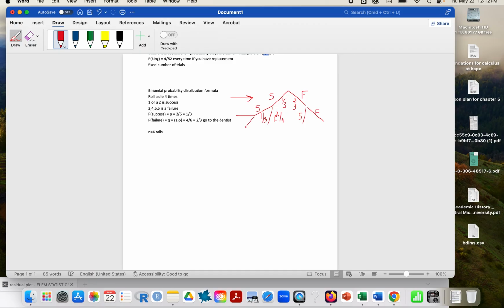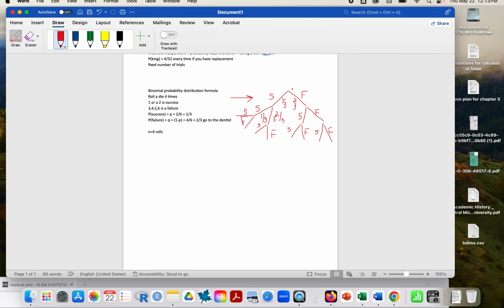So we're now on the 3rd layer of rolls. And we have success, failure, success, failure, success, failure, success, and failure. Now, we're on our final layer.